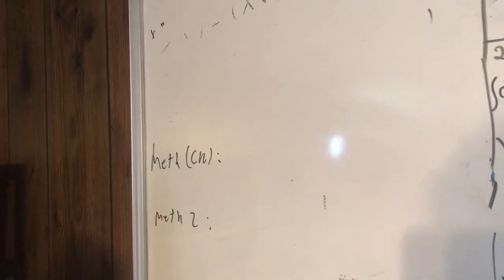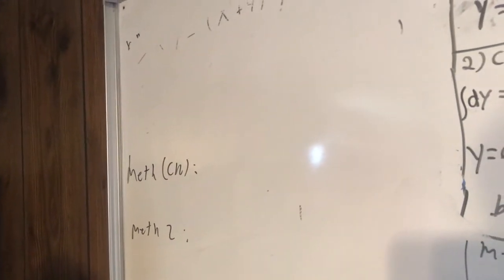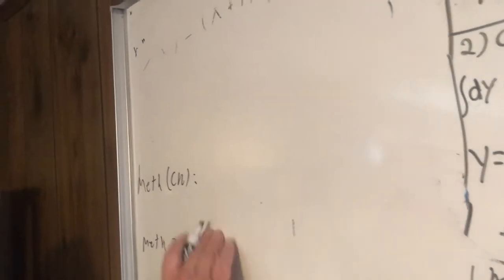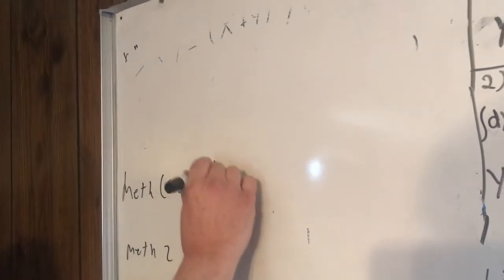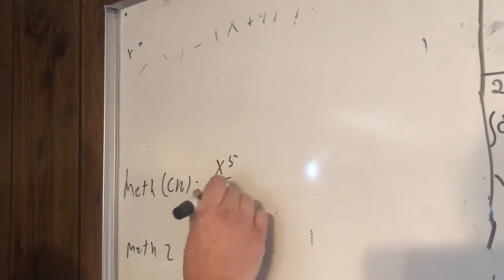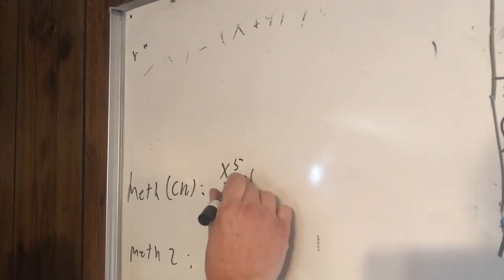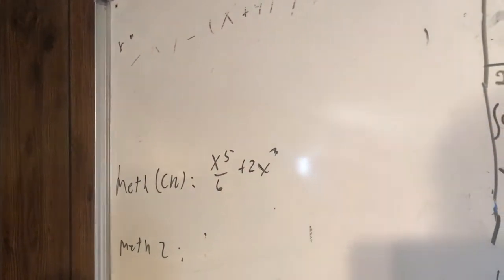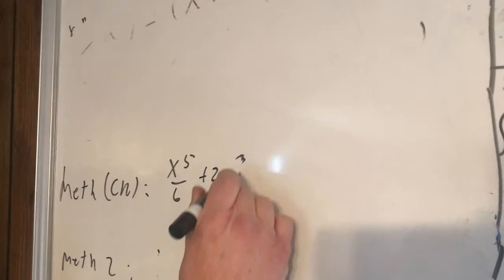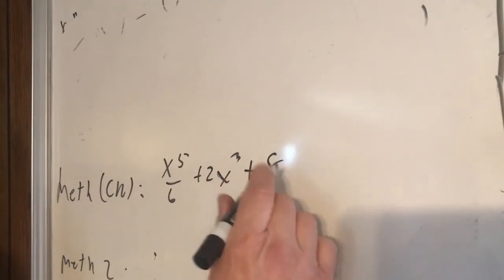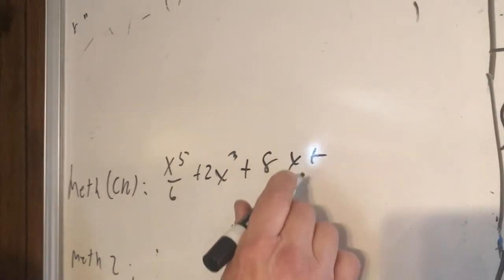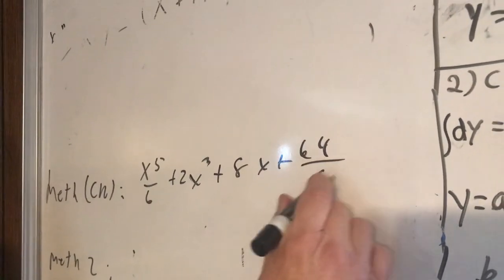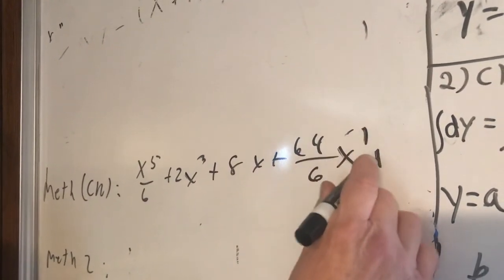So you've got, let's see, method 2: x to the 5th over 6 plus 2x to the third plus 8x plus 64 over 6, x to the minus 1, plus c.